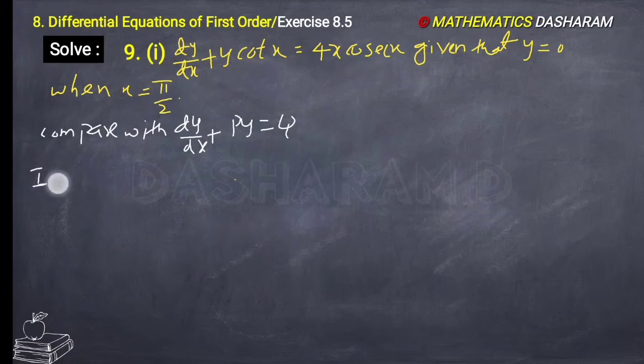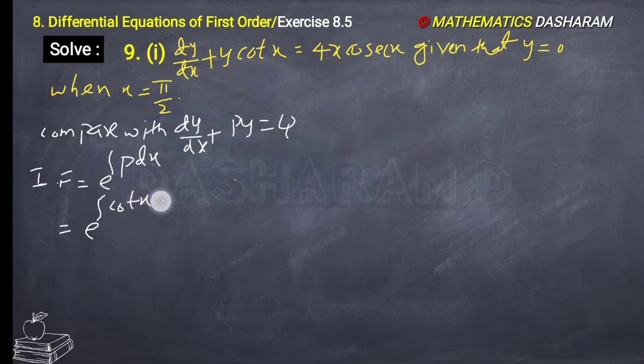So integrating factor equals e to the power of integration p dx, which is e to the power of integration cot x dx. So e to the power of log sin x. The e and log cancel, and it equals sin x.